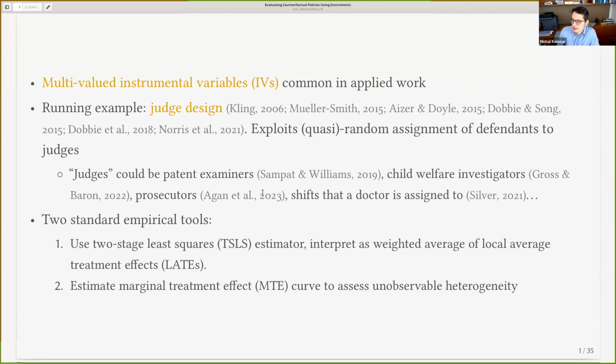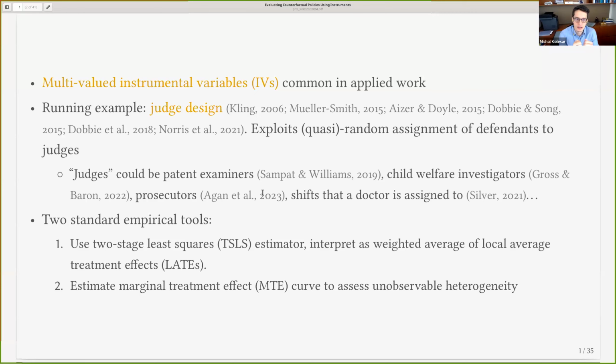And this is a very popular design. These judges that I'm assigned to don't have to be judges. People have applied this in many other settings. They could be patent examiners, child welfare investigators, prosecutors, doctors, and so on. But the key feature in these designs is that there are typically many of these judges.